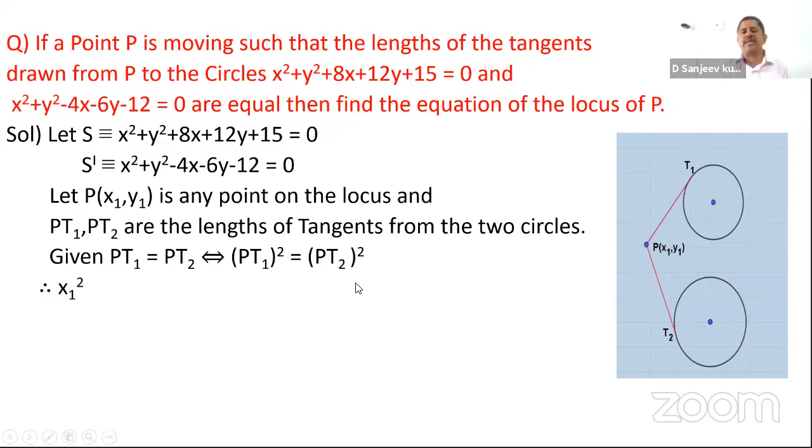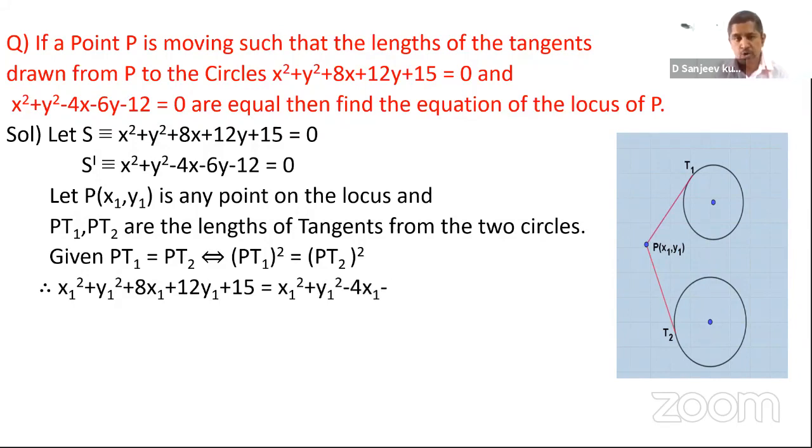So we did the same thing here. We simply replace x with x1 and y with y1 in both the equations. So we got the first equation x1 square plus y1 square plus 8x1 plus 12y1 plus 15 is equal to the second equation x1 square plus y1 square minus 4x1 minus 6y1 minus 12. Now these two are equal. So how do you simplify this?